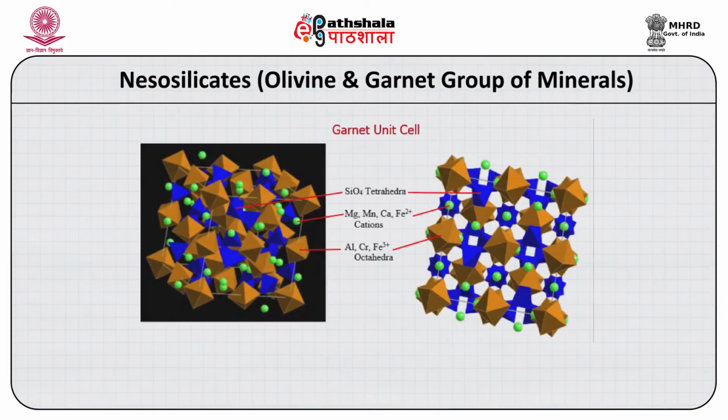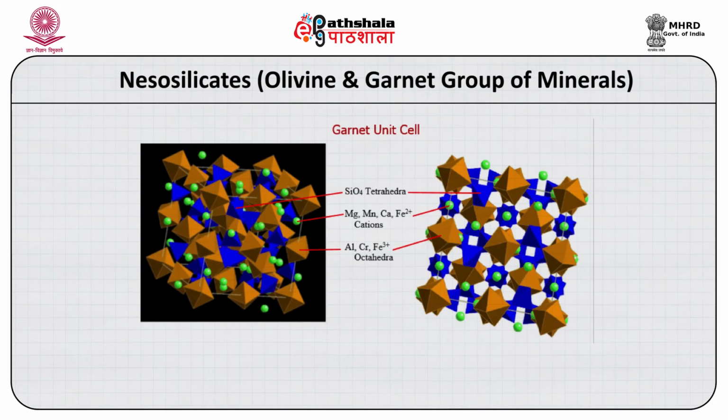In figure 14, I am showing the garnet unit cell where I talked about the alternating SiO4 tetrahedra and the MO6 octahedra, which are shown here forming a three-dimensional network. Within the cavities occur the divalent cations in dodecahedral coordination.